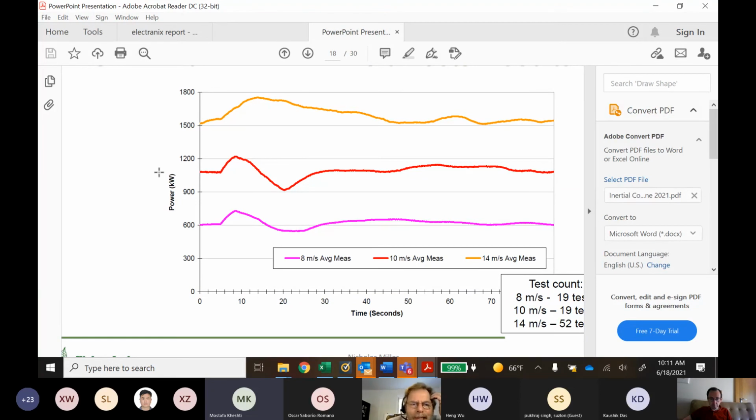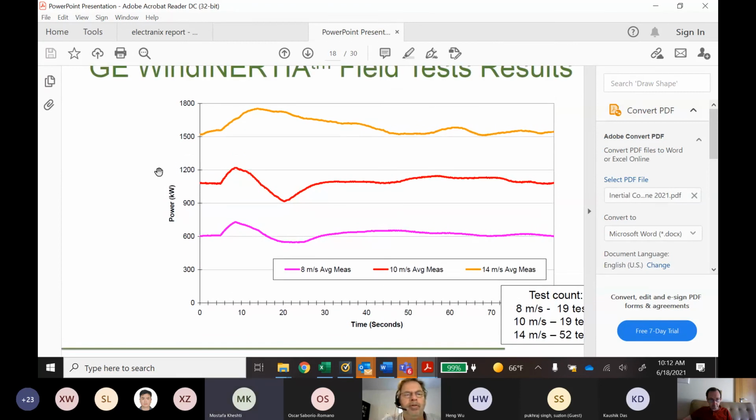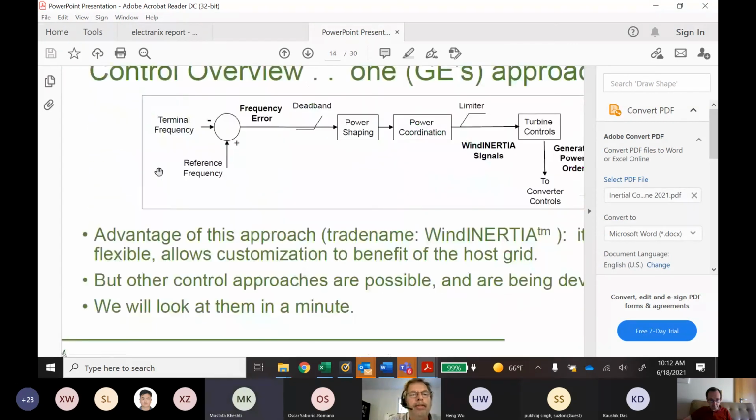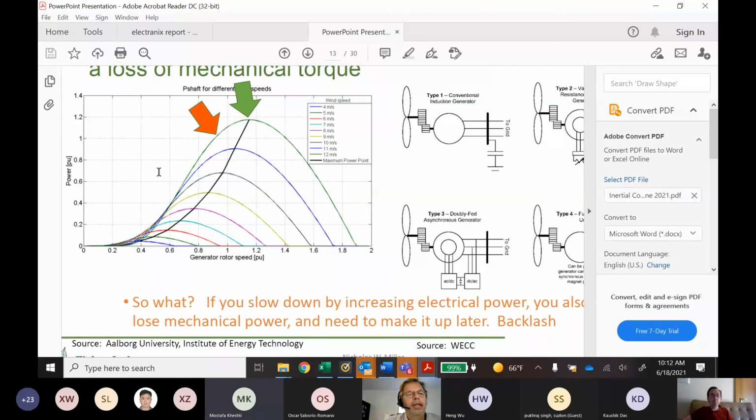There's a couple of things going on there. One is by the time the rotor speed gets down to 0.7 of nominal, you really have a massive collapse of the torque delivery.